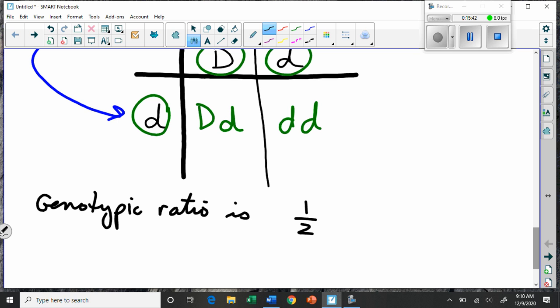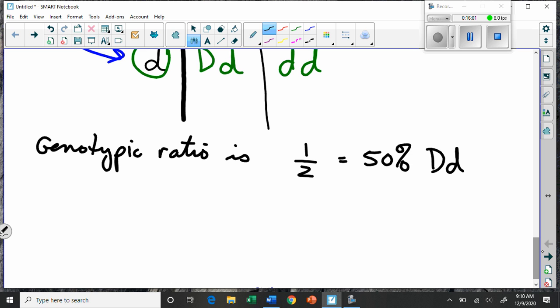There's two possibilities in the square, and there's one of them, which is 1 out of 2, which is the same as 50%. So we usually write it as a percent. 50% this genotype, heterozygous, and the other one is 1 out of 2, or 50% homozygous recessive. Those are the genotypic ratios, 50-50.